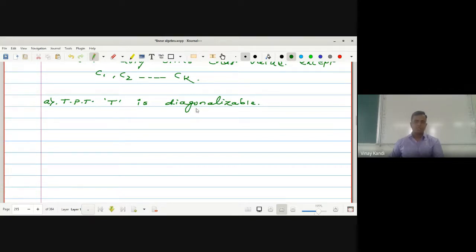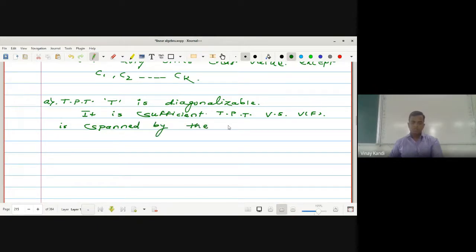T is diagonalizable means there exists a basis beta such that all the vectors in that basis beta are characteristic vectors of T. So it is sufficient to prove that the vector space V over F is spanned by all the characteristic vectors of T. Is it correct?